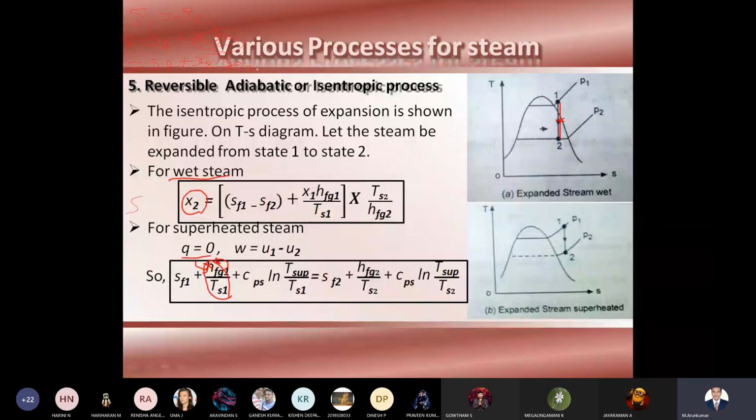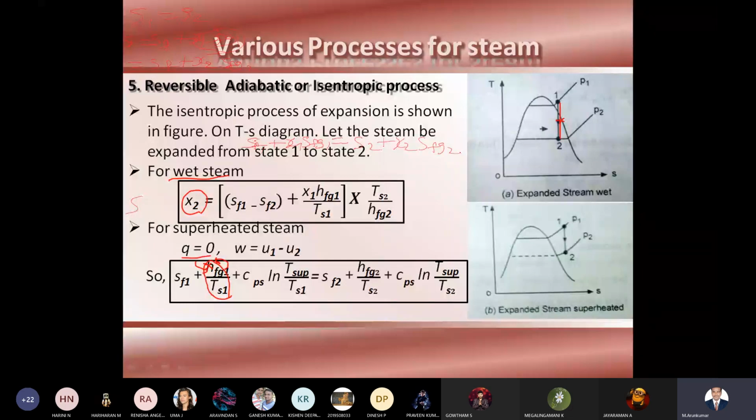Right. So we know S1 is equal to S2, so we can write that SF1 plus X1 into SFG1 equal to SF2 plus X2 into SFG.